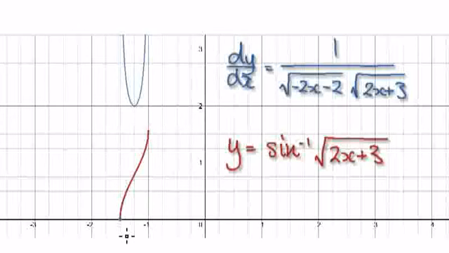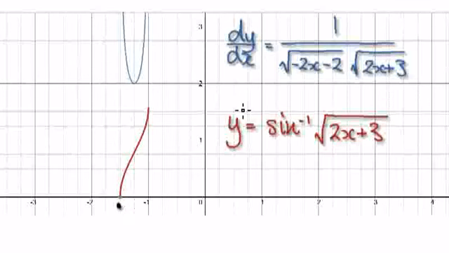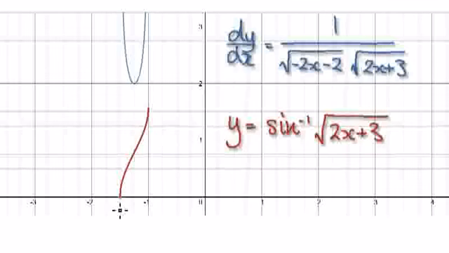Okay, and the reason why the red line here starts at minus a half here, the reason why it's being restricted within minus 1.5 and minus 1 here, is because of this.